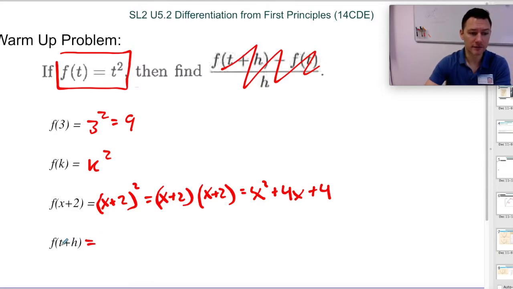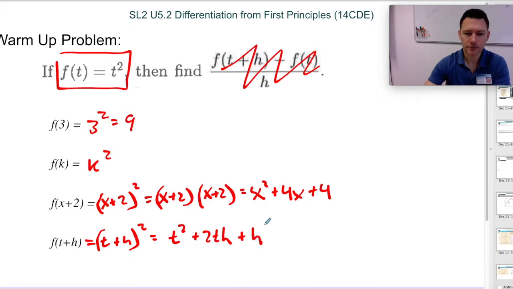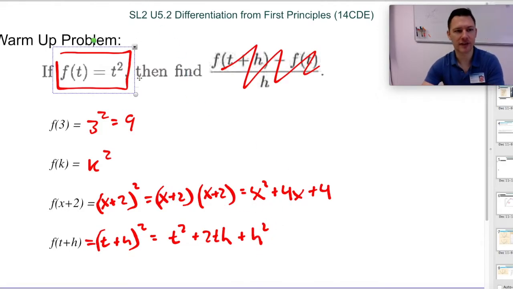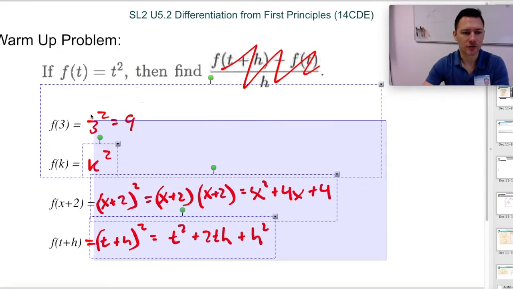This is f of t plus h, which is just t plus h squared, and you expand it like that. You get t squared, and a t and an h, two sets of those, 2th, and h squared. Cool? That's just how functions and distribution work.